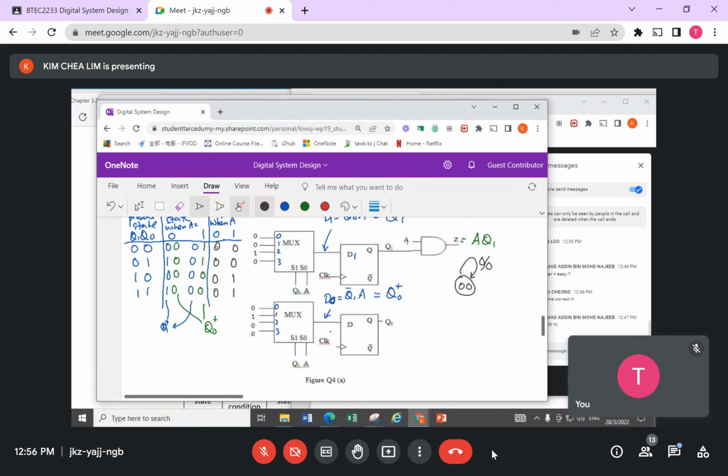Sorry, this 0 and this condition are done. Then if A is a 1, I move on to state 0, 1. And I also output a 0. So this condition and this output are done. Finished for the first one.